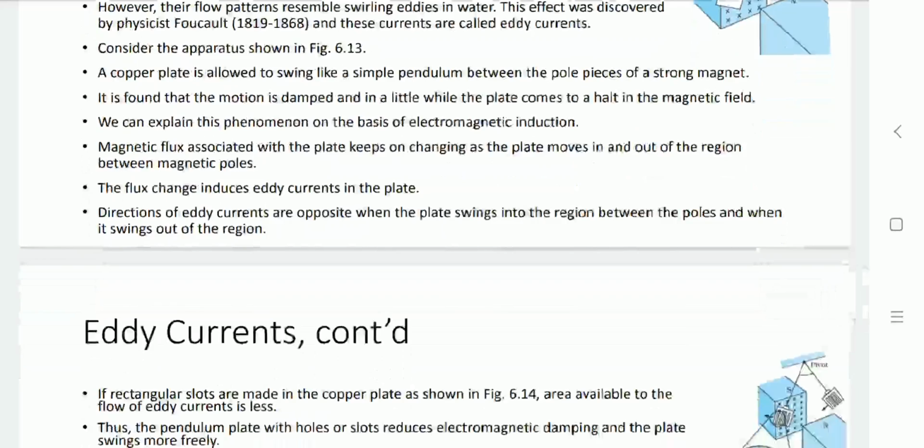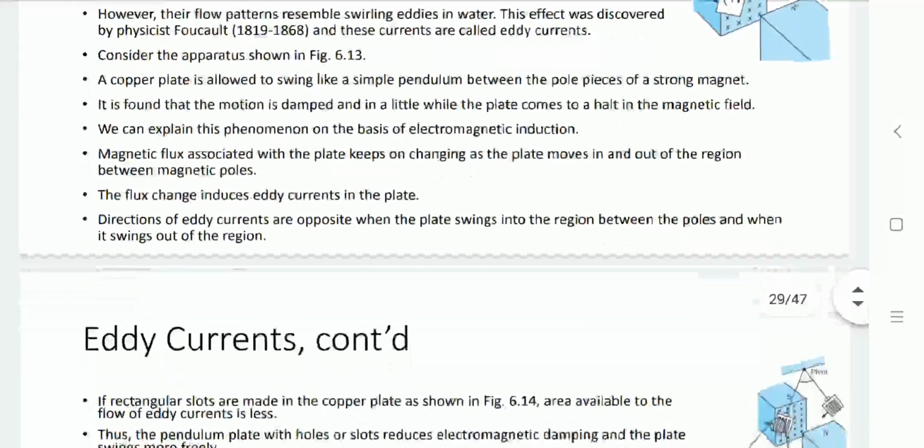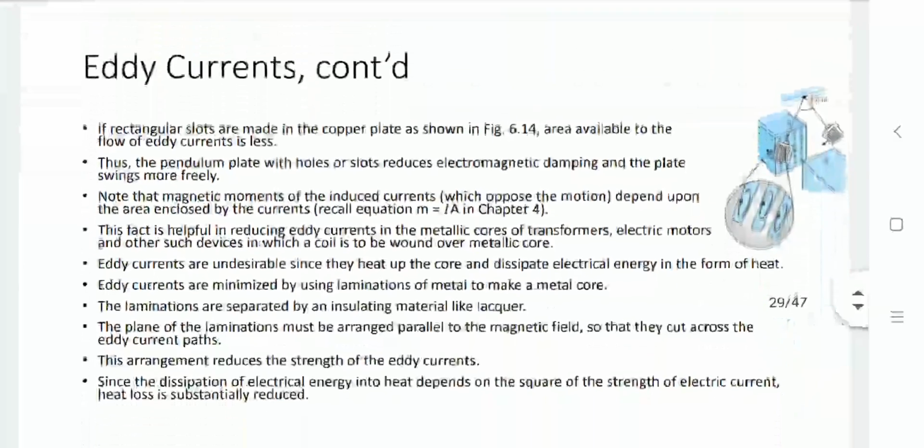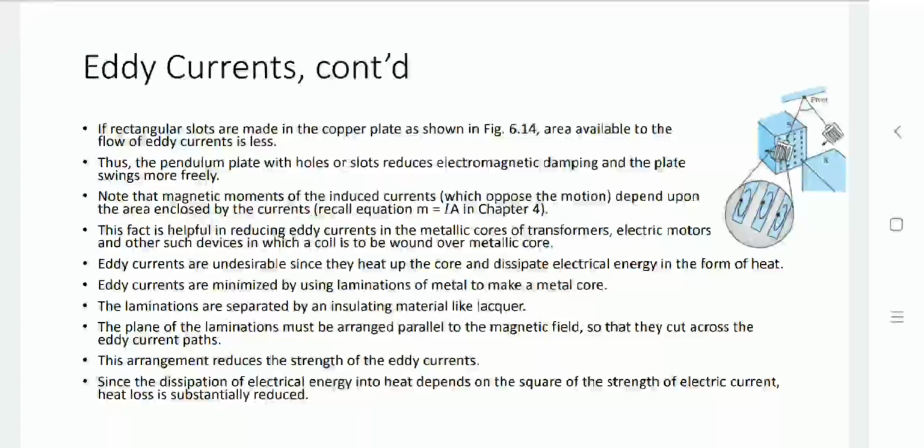To reduce these eddy currents, we are going to change the contact area, as we know that it depends directly on the area of the material. If we want to reduce the current, we change its contact area. So instead of a plain piece of metal, we divide it into slots or give it slits.